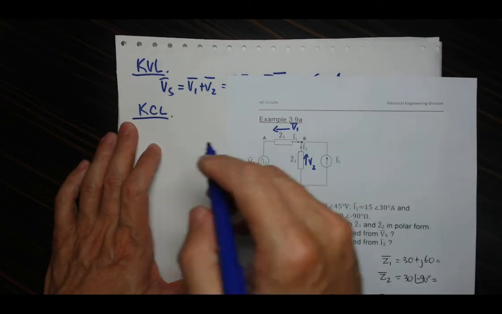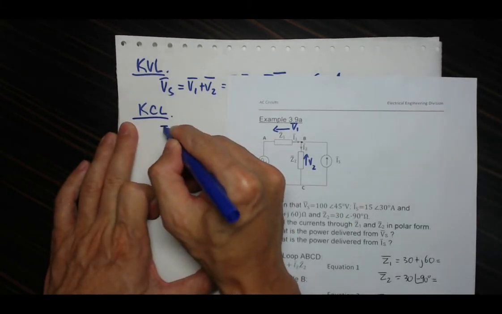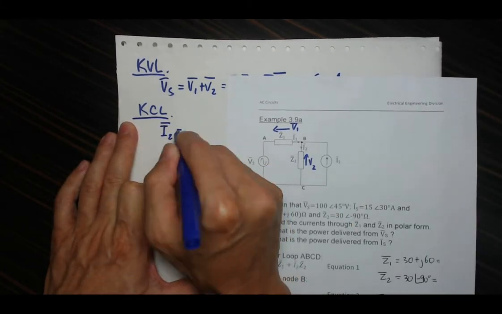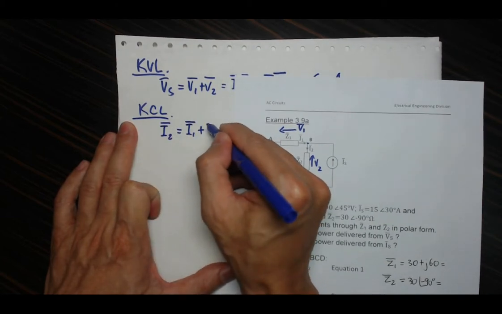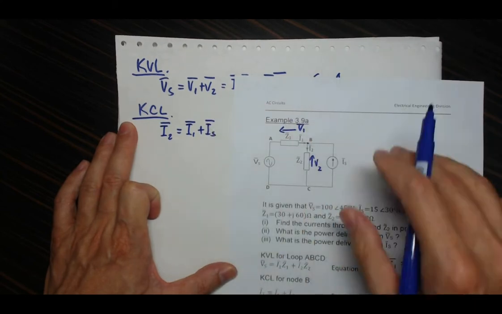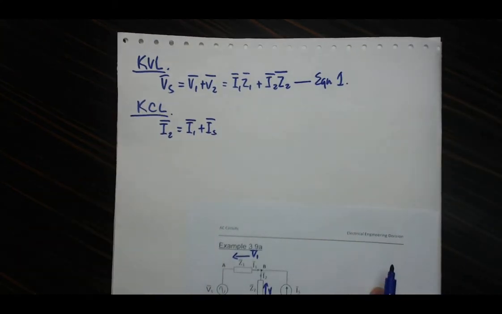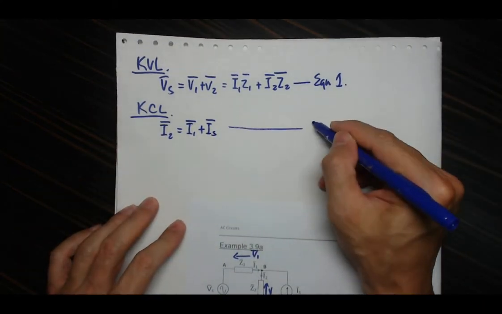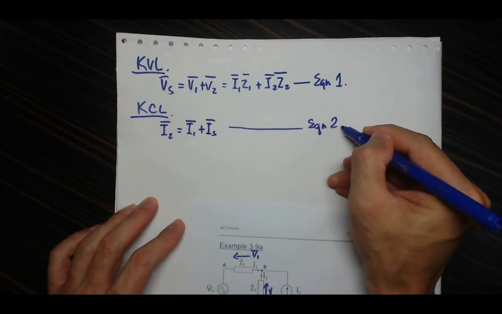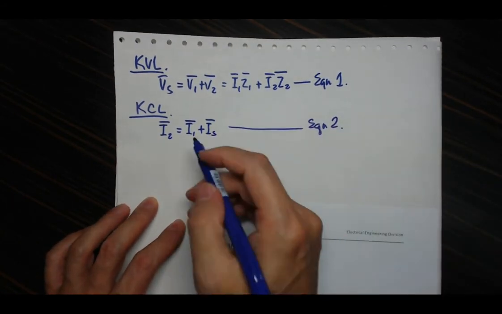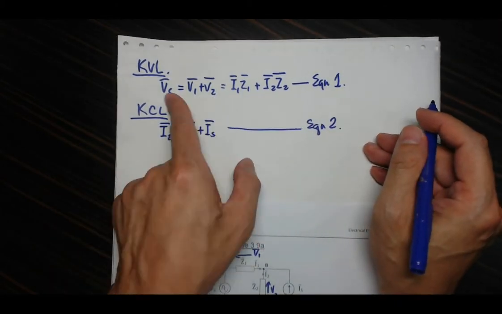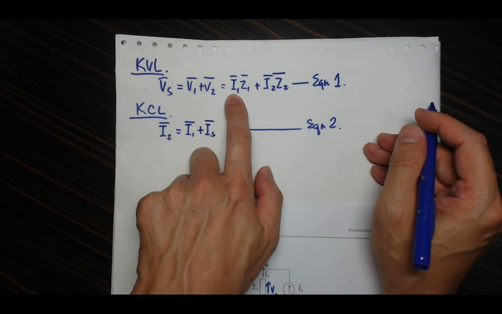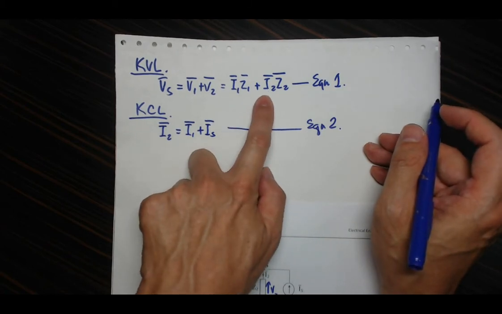So in this example, I2, which is leaving the node, must be equal to I1, which is coming into the node, plus Is, which is the source of the current. Now with these two, I have equation 1 and equation 2. So if I were to substitute equation 2 into 1, I will have an equation which is only having I1, which is what I want to calculate first.